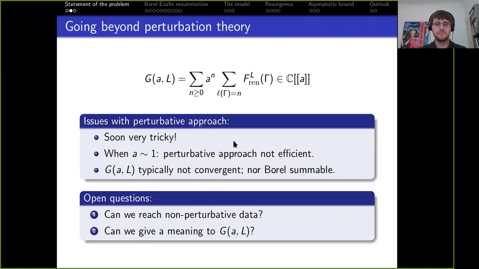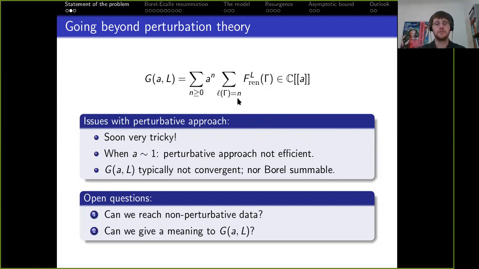Another problem, maybe more fundamental, is that there are regimes in which the perturbative approach is not very efficient. In particular in quantum field theory, of course, where your perturbation parameter becomes of order 1, so that the (n+1)th term is of the same order as the nth term. So going further in the perturbation series doesn't give you so much new information.